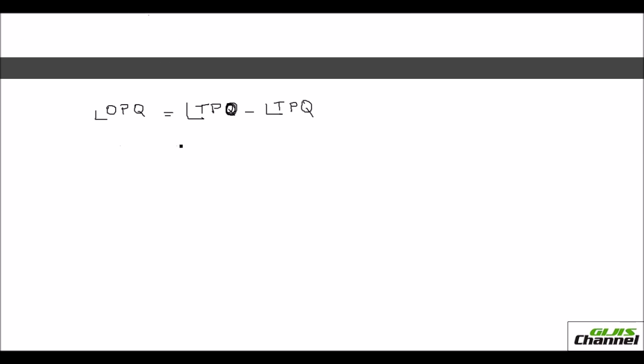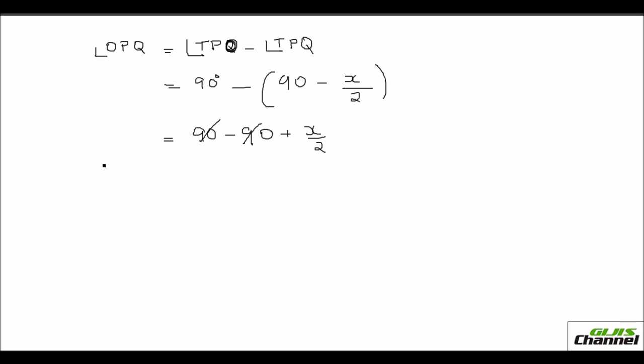So OPQ is equal to TPO, which is 90 degrees since it is perpendicular, take away TPQ, which we got as 90 minus X over 2. When the minus gets inside, it becomes 90 minus 90 plus X over 2. The plus 90 and minus 90 cancel, so OPQ is equal to X over 2.